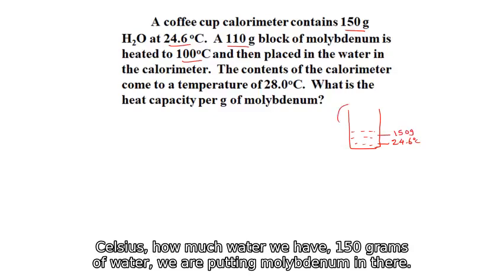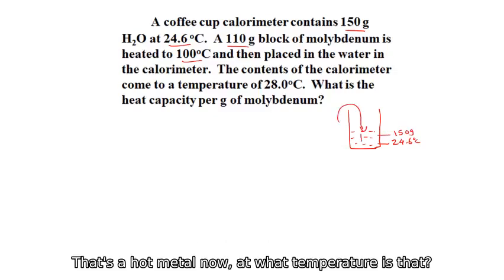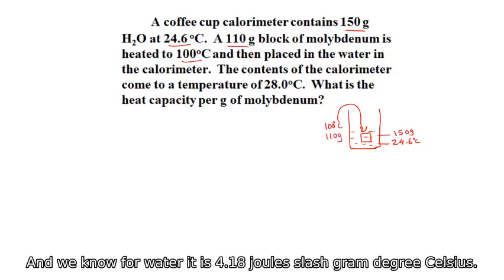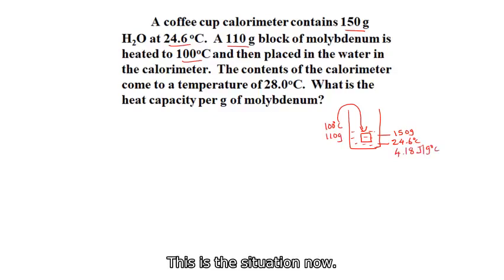We are putting molybdenum in there. That's a hot metal now. At what temperature? 100 degrees Celsius, and 110 grams we are placing. And we know for water it is 4.18 joules/gram degree Celsius. This is the situation now.